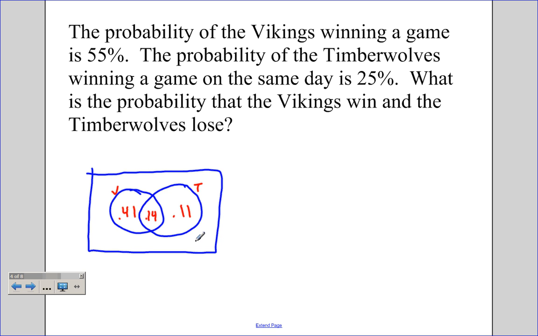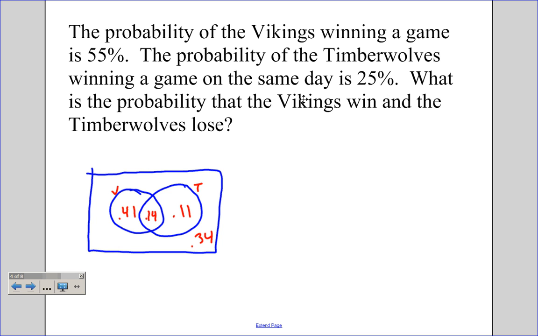So on the outside here, we take 0.41 plus 0.14 plus 0.11. Subtract that from 1, and you'll get 0.34 on the outside.